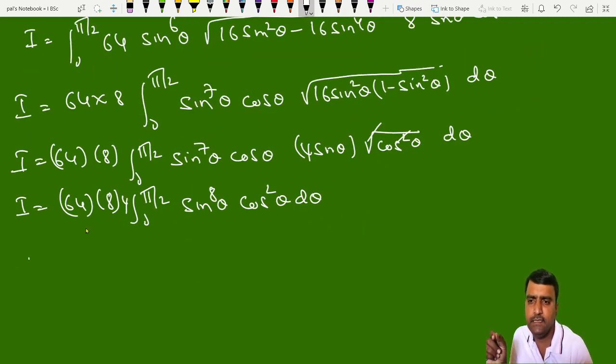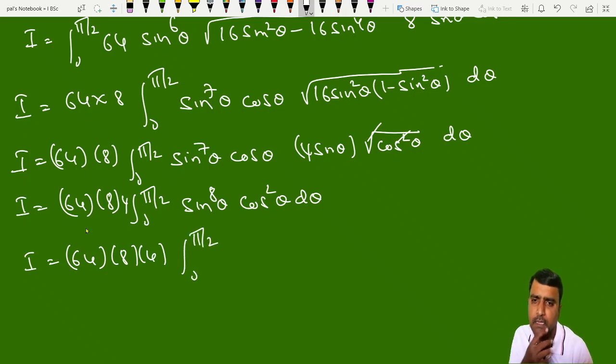That is, I is equal to 64 into 8 into 4 into 0 to pi by 2 into sine to the power 8 theta into cos to the power 2 theta into d theta.